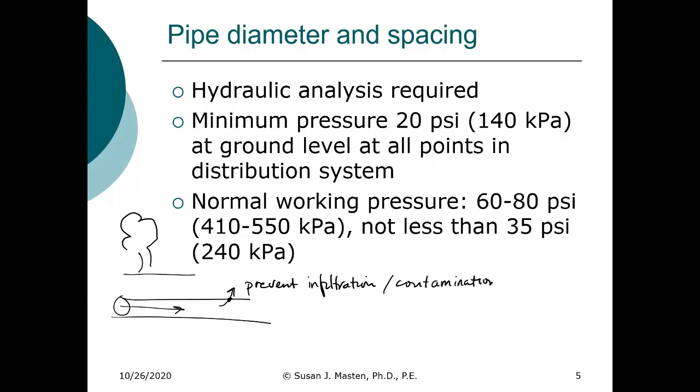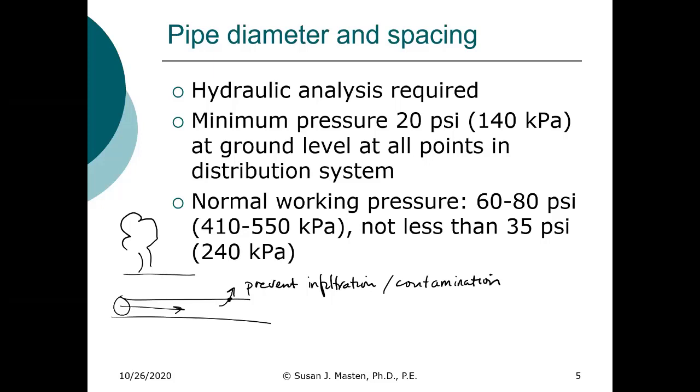In fact, if you have a water main break, which means you lose pressure in your piping system, then you need to be able to shut off water, isolate that pipe, fix the leak, and then you hyperchlorinate to make sure that you're killing any organisms that have infiltrated into that piping system while it was depressurized.